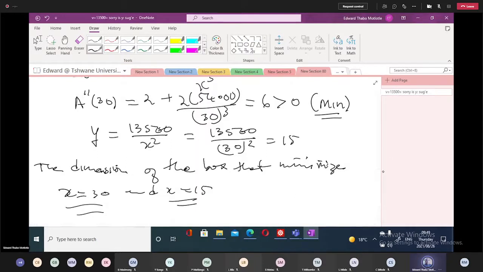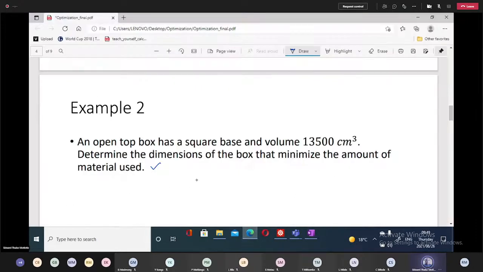So you should basically just answer the question here, because they say determine the dimension of the box that minimizes the amount of material. So you can just say the dimensions of the box that minimize the amount of material used are x equals 30 and y equals 15.